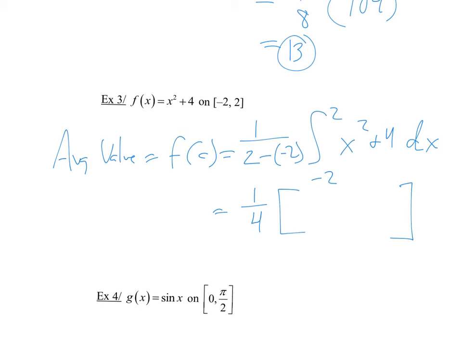And if I put this other part in my calculator, the integral from negative 2 to 2 of x squared plus 4 dx, that equals 21 1/3, and 21 1/3 divided by 4, or times 1/4, is going to be 5 1/3.